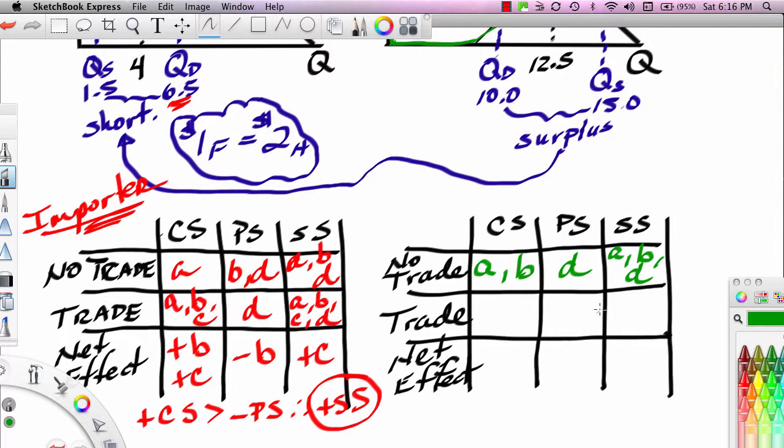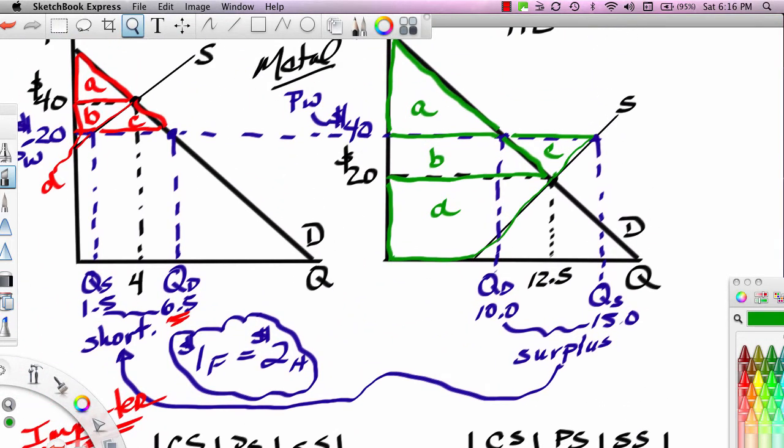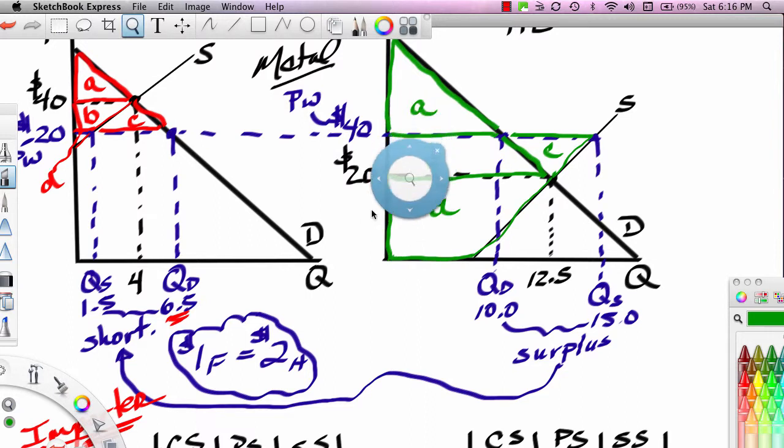Okay? Now, let's go back up. After trade, the areas change. After trade, the price is 40 and the rate of production is all the way out to QS. So producers get below the price line, above the supply curve, out to where they produce, and they produce all the way out to here.